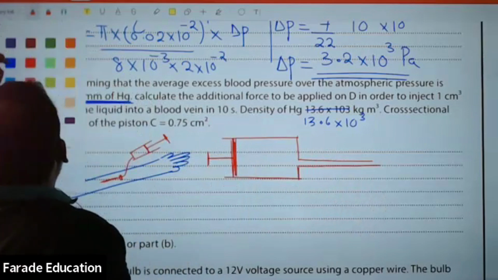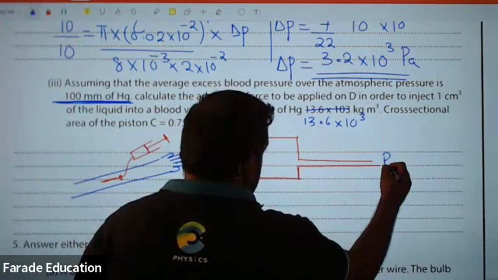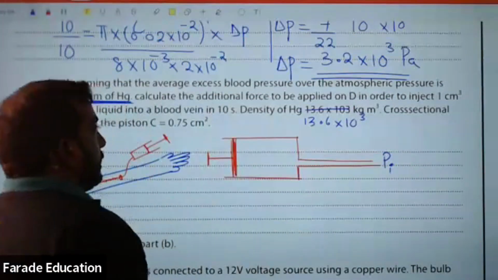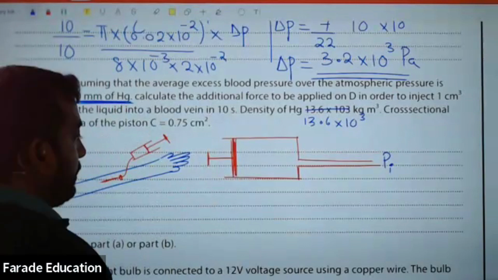Now the pressure here is not atmospheric pressure. Here the pressure inside, blood pressure, is given. They are giving you, assume that the average excess blood pressure over atmospheric pressure is 100 millimeter mercury. Calculate the additional force to be applied on D in order to inject 1 cubic centimeter of liquid into the blood vein.